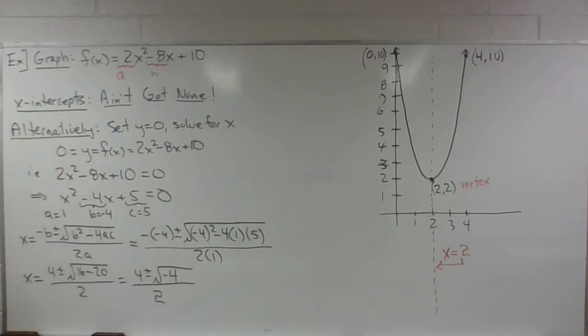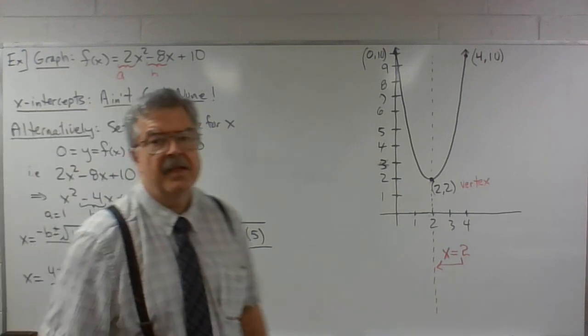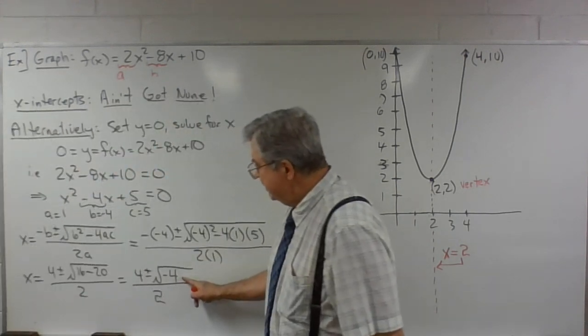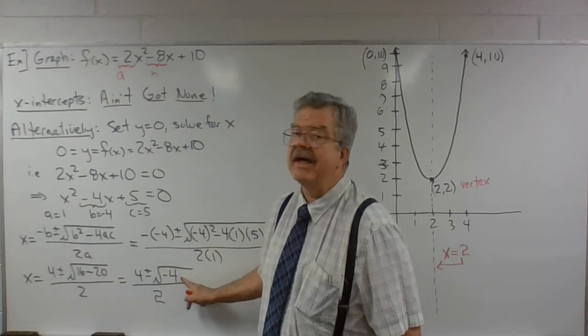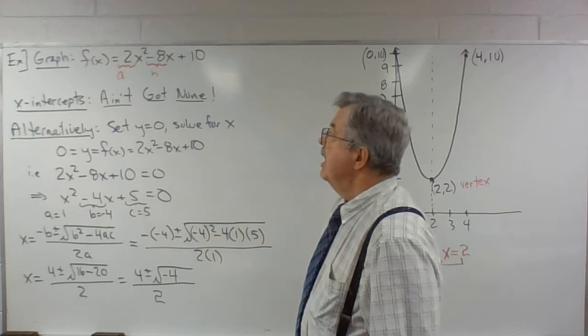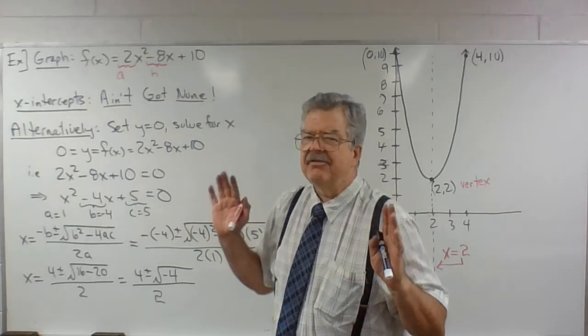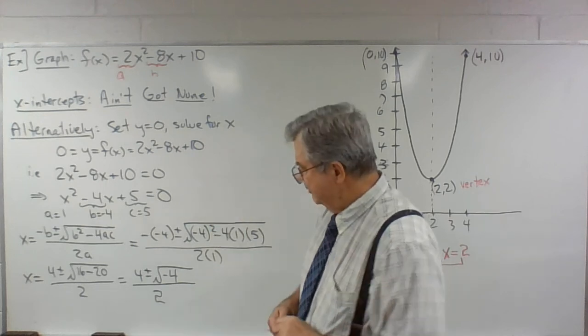And now you know what? Now I know something's wrong. I have a negative number under the radical, and that's not going to give me a real number. And in these graphs, I'm looking for x values that are real numbers.